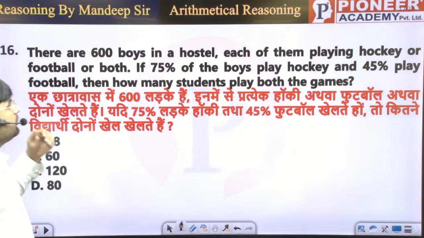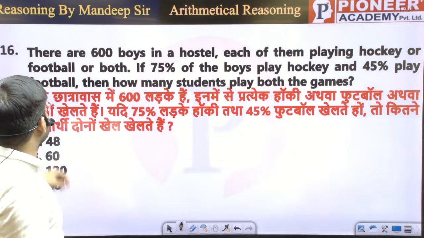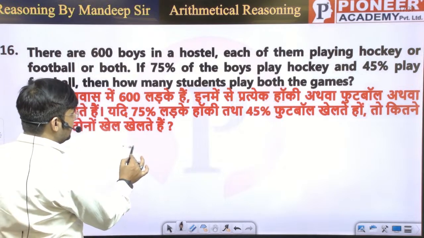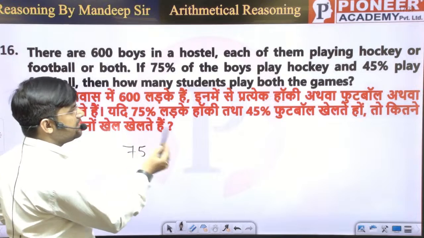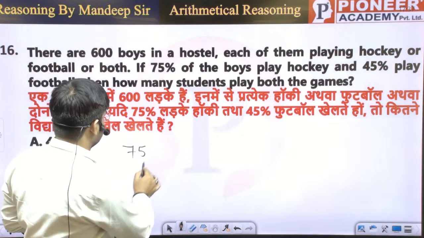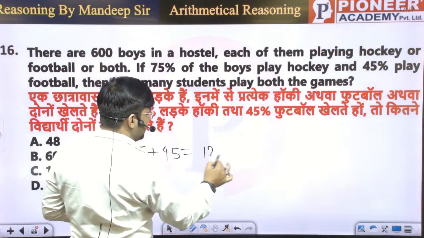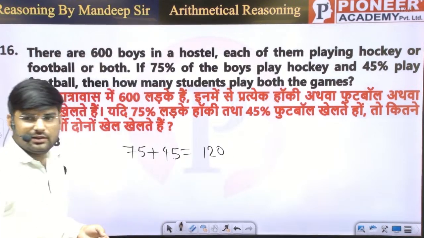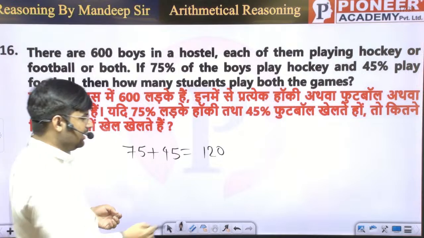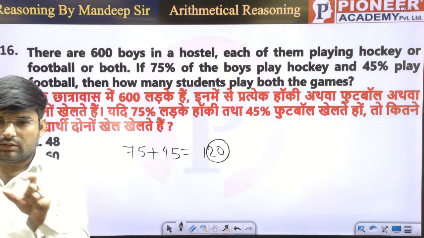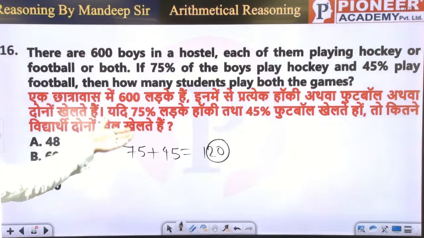There are 600 boys in a hostel, each of them playing hockey or football or both. If 75% of boys play hockey and 45% play football, if we add 45 plus 75, it becomes 120. 20 is more than 100.